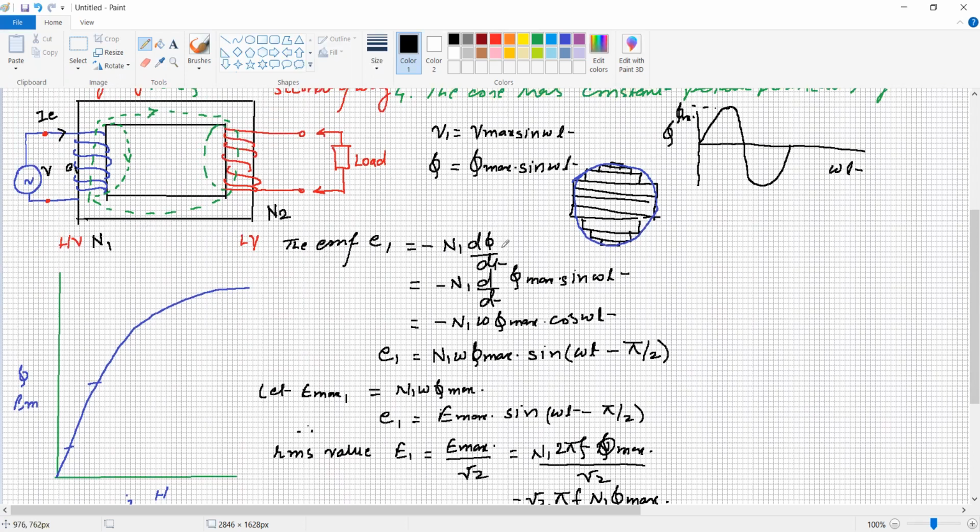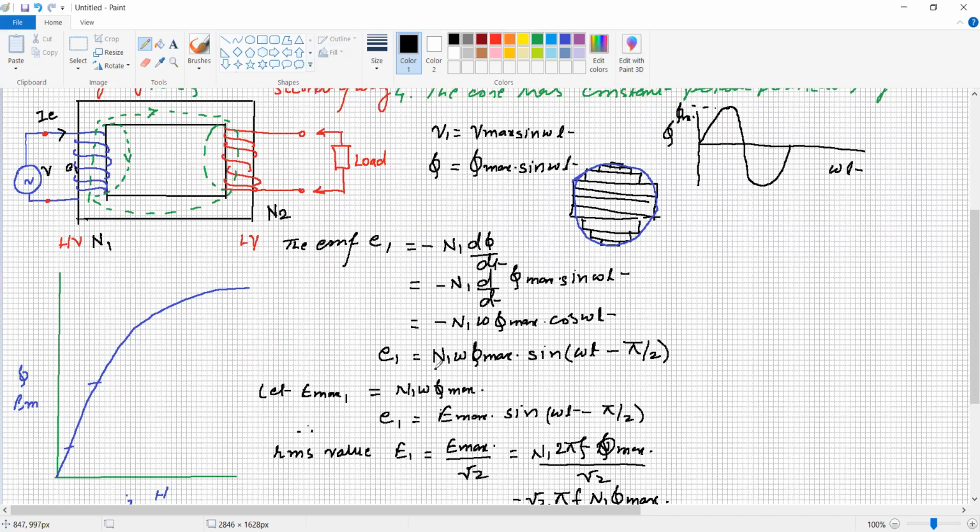If you put the value of d phi by dt, the derivative of the flux, we get minus N1 omega phi maximum cos omega t. Removing the minus sign, E1 is equal to N1 omega phi maximum sine omega t minus pi by 2.